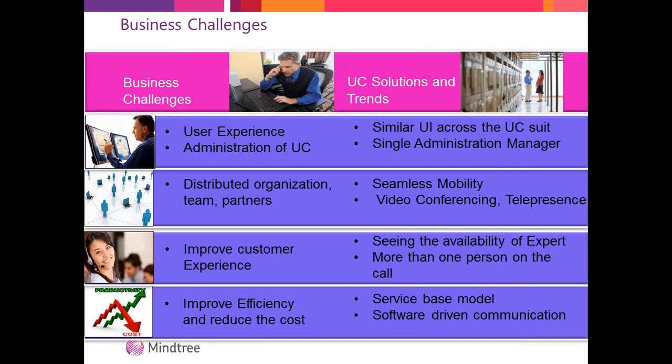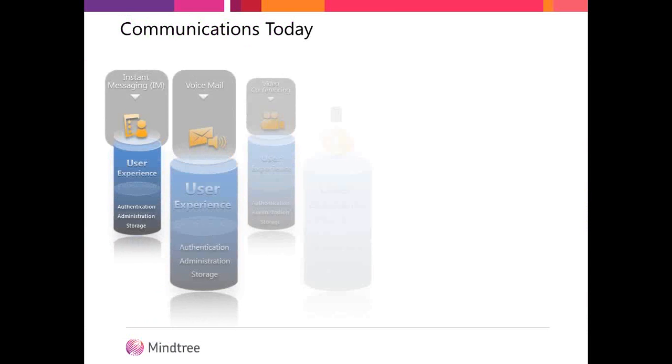As you know, communication is now available as a service. You need not buy or sell your communication hardware or software; you can sell it as a service. This helps enterprises to reduce the time to market.